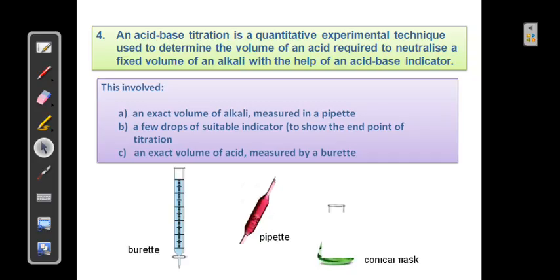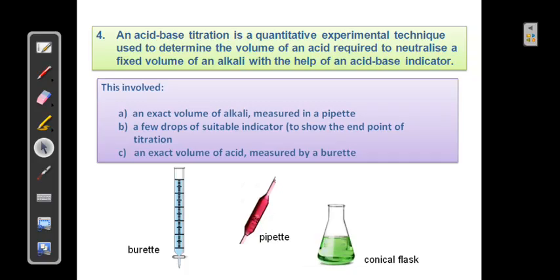This burette also contains a fixed amount. So using both amounts, you know how much acid is utilized to neutralize a certain amount of alkali.